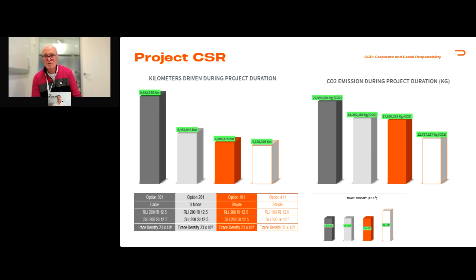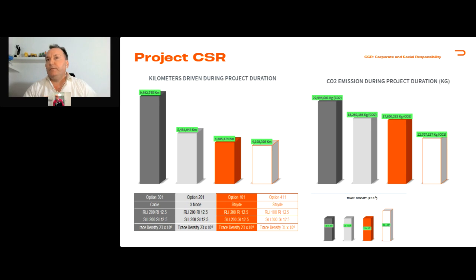Yeah, and please have a look at the CO2 emission of the Stride double node density at 12 million kilos of CO2, almost half of the cable.